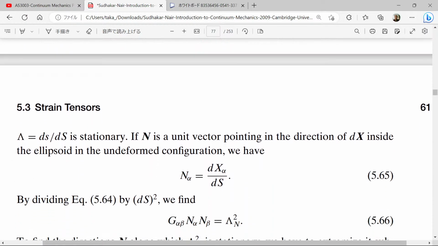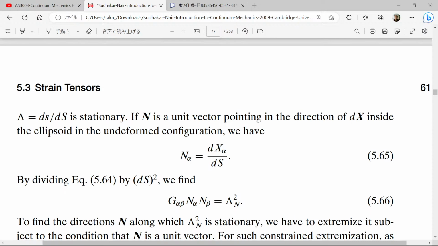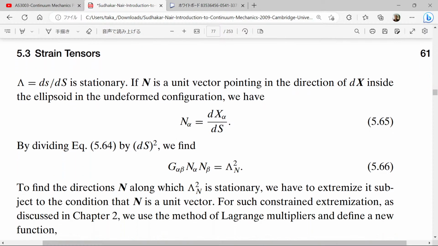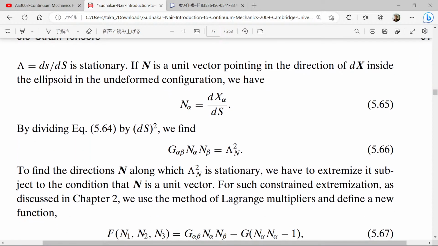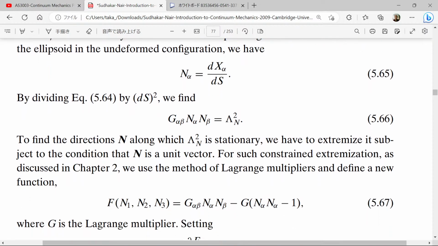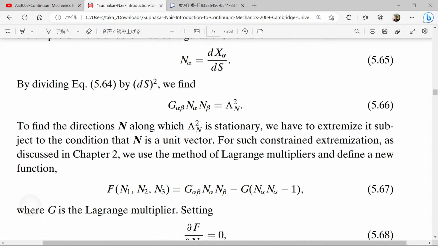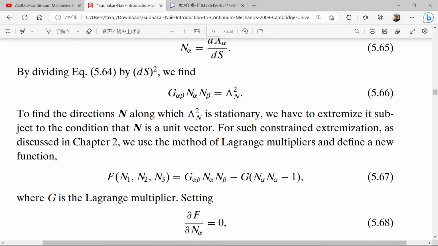If n is a unit vector pointing in the direction of dX inside the ellipsoid in the undeformed configuration, we have n alpha equals dX alpha over dS. By dividing equation 5.64 by dS squared, we find the following.